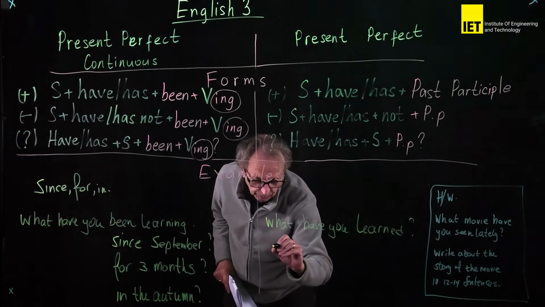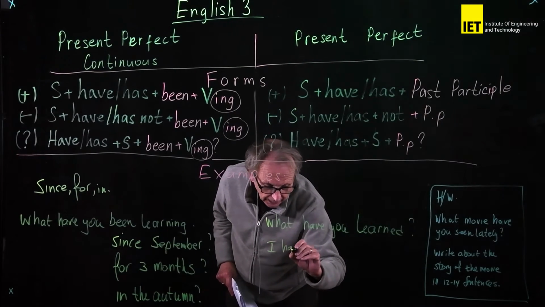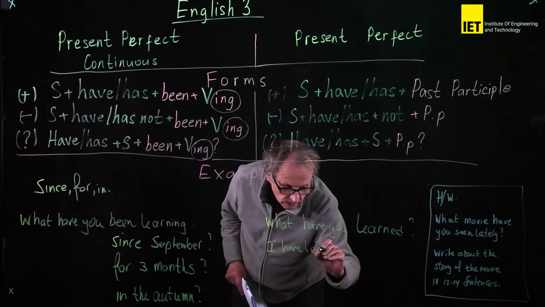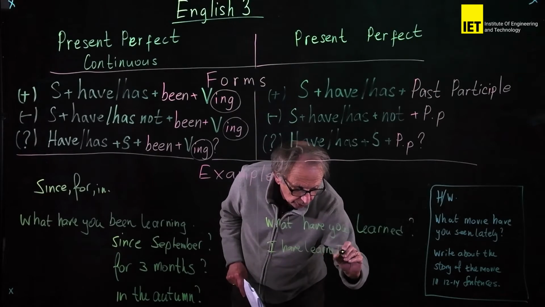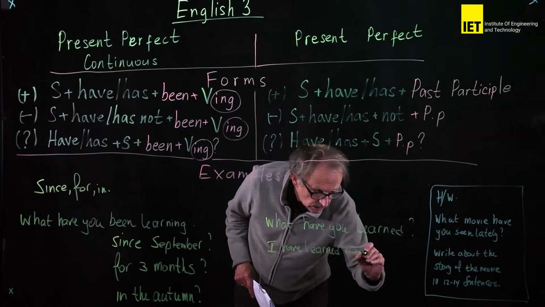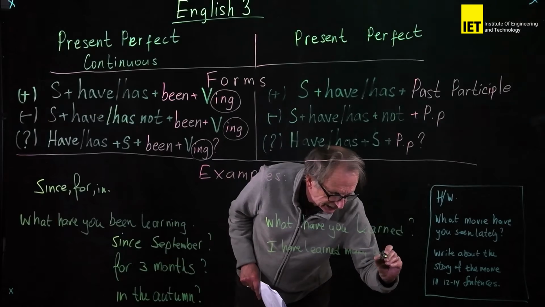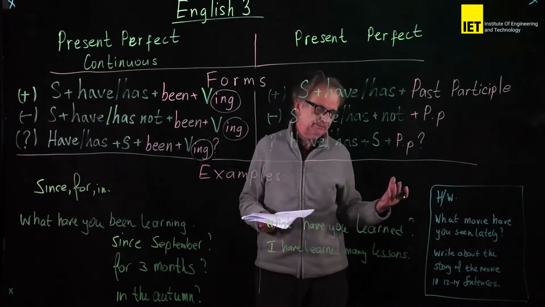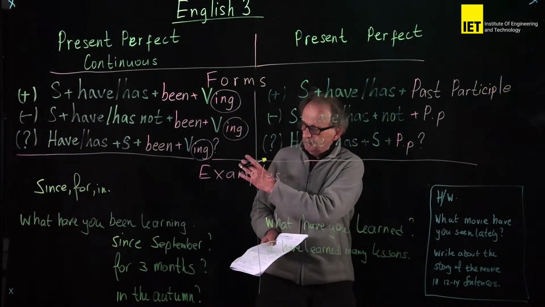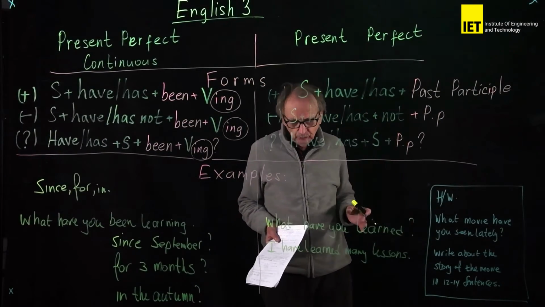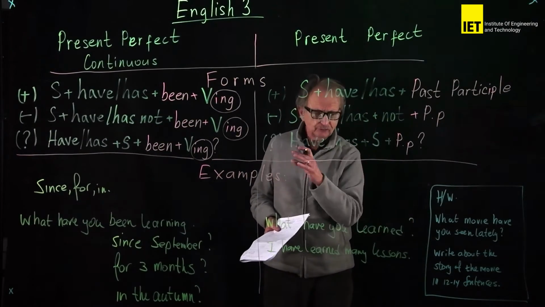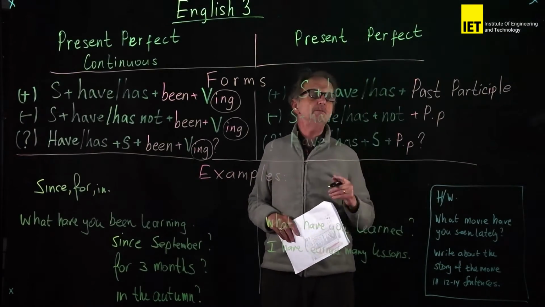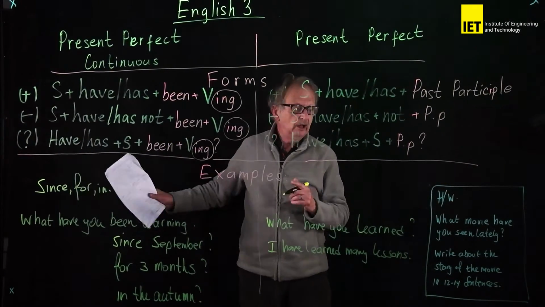Your answer could be, I have learned many lessons. Maybe there were 10 lessons, and over a period of time you did 1 a week or 2 a week. So over a period of time you have finished. So you're no longer learning. You remember that, but you have stopped learning. So that's why we use the present perfect. You did that a while ago.